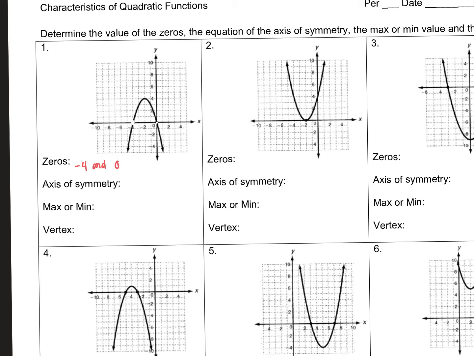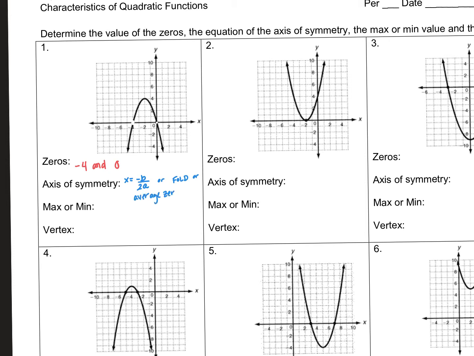Okay, the axis of symmetry is where we need our formula. X equals -b over 2a if you're given the equation. Or you can look for the fold line or the crease, or you can average the zeros.